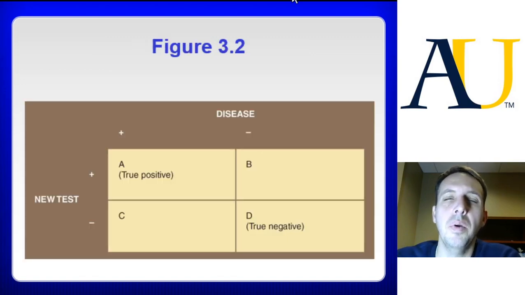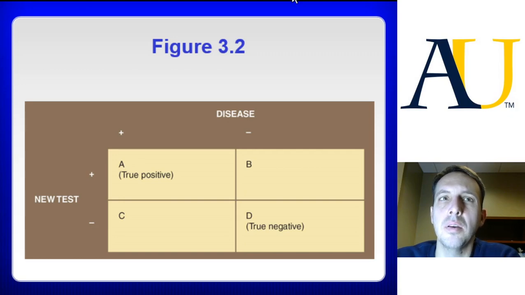And so when we're looking at these tests, we make this basic quadrant aspect where we have on the left side with the new test, both positive and negative findings. The test is either positive or negative. And then we have those that have the disease, either positive, meaning they have it, or negative, they do not have it.